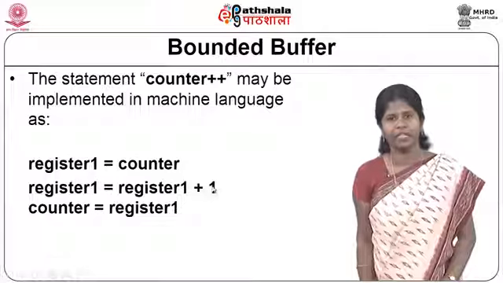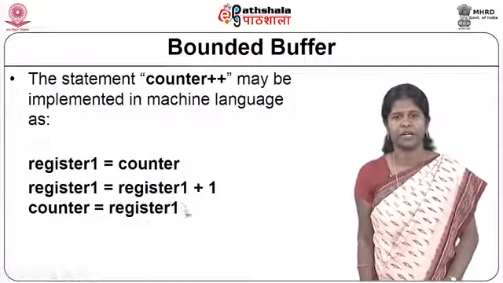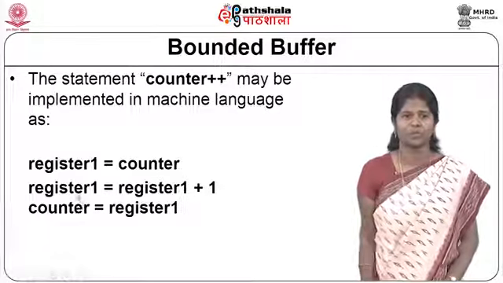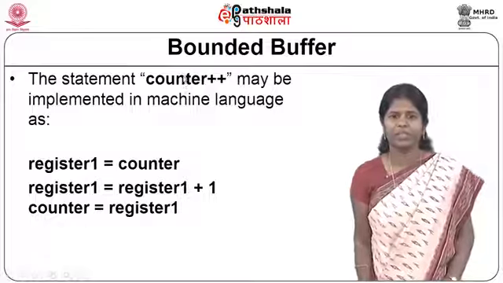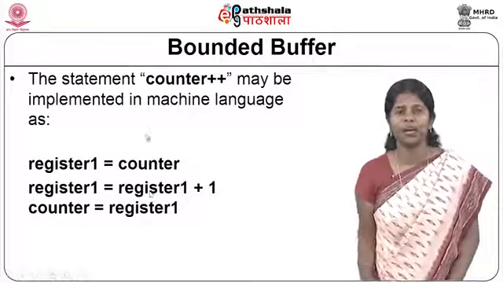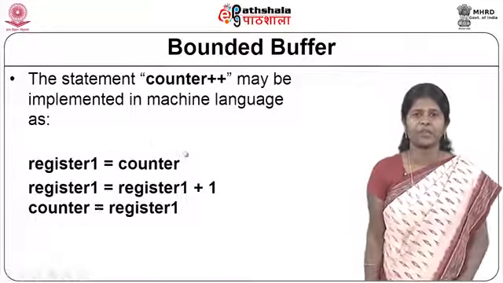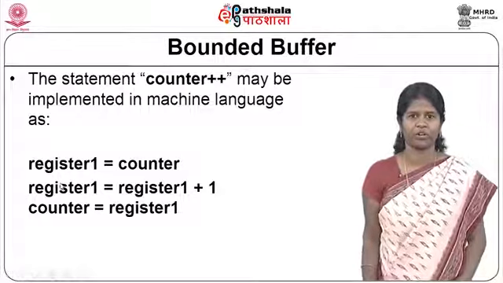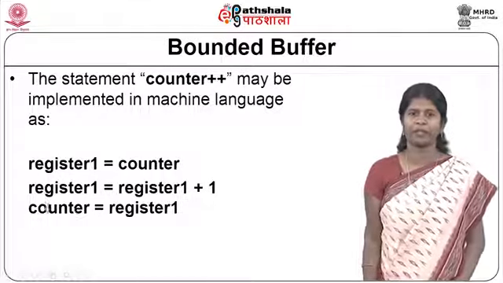And then after incrementing the contents of the register, the value of the register is now copied back to counter. So, here you see that even though this is just a single statement in the producer's code, in turn it is being executed in 3 different instructions. So, first is copying counter onto register, then incrementing the register's value, and then copying back the register onto the counter.